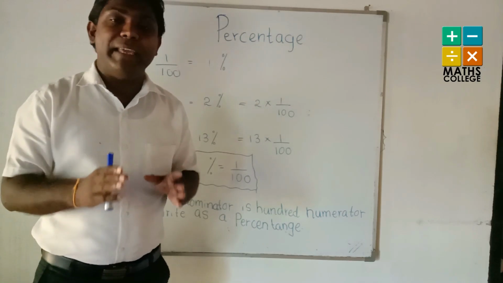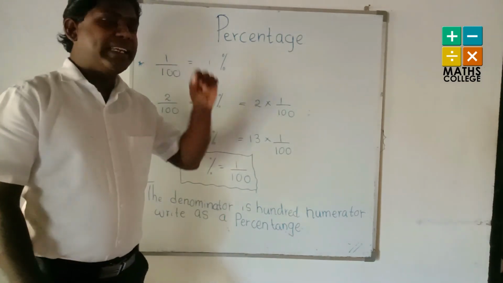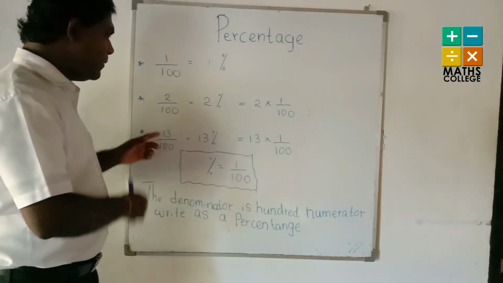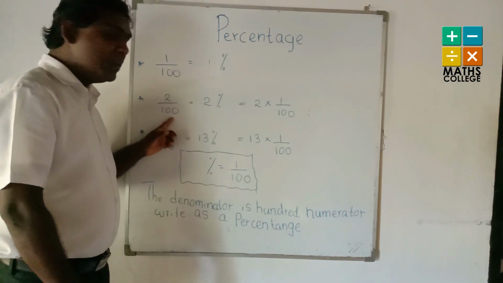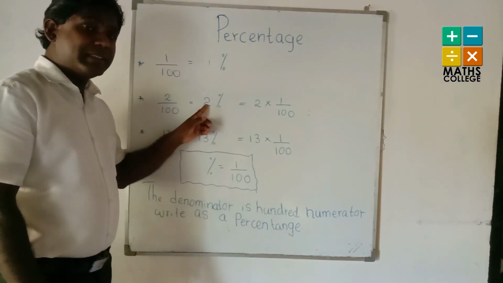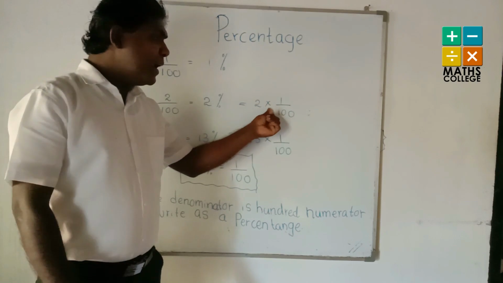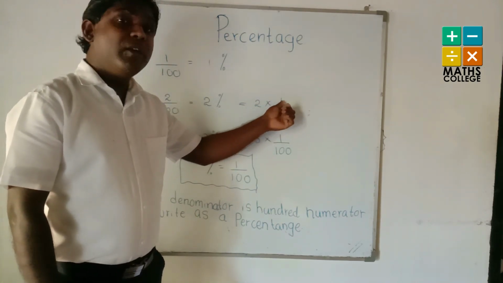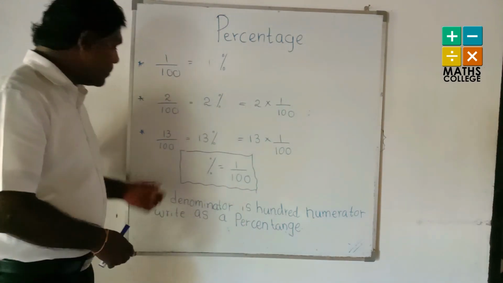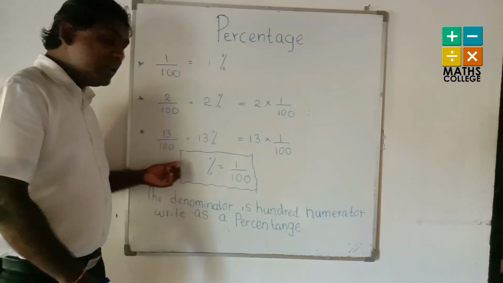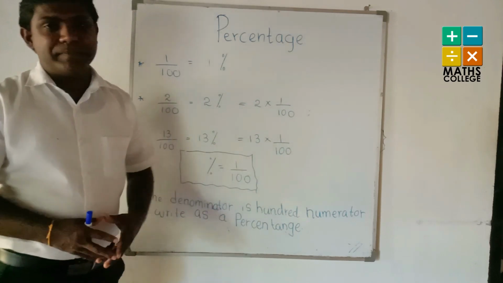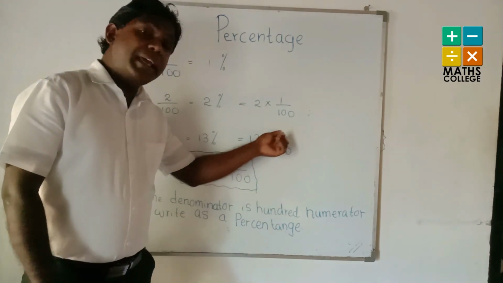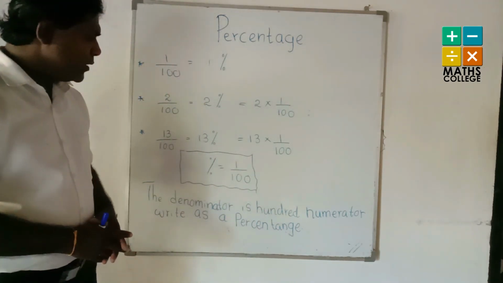The percentage. 1 percentage. That means 2 upon 100 is 2 percentage. That means 2 multiply 1 upon 100. 13 upon 100 means 13 percentage, 13 multiply 1 upon 100.